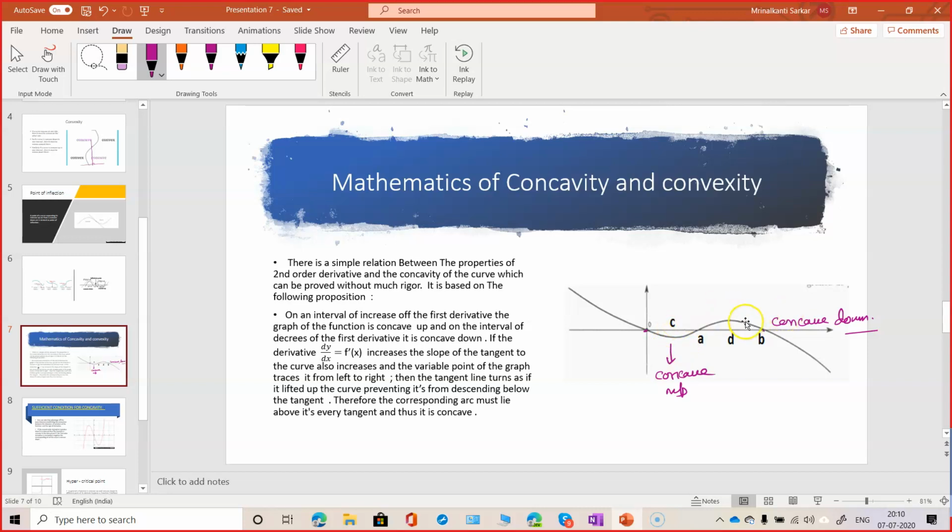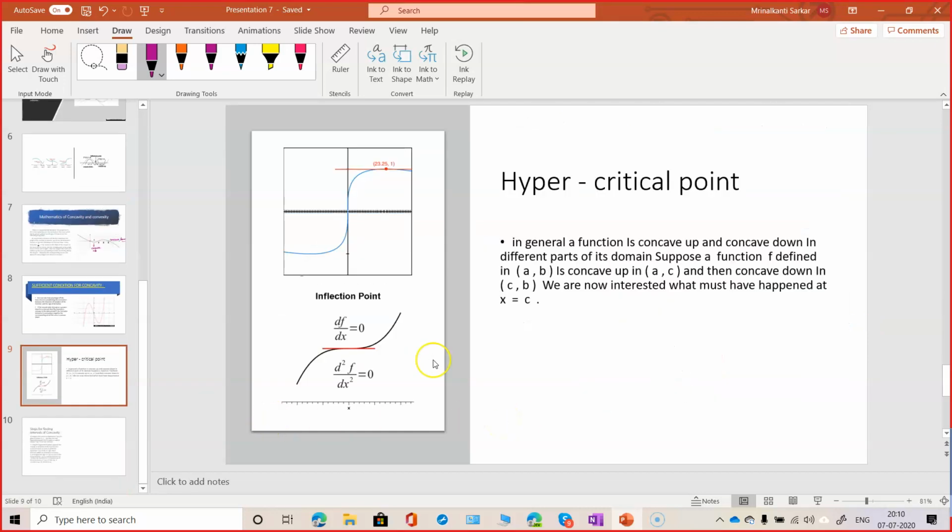Here if you draw the tangent, it will lie below the tangent. And here d square y by dx square is greater than 0, here d square y by dx square is less than 0. Why I have explained that? Because the slope of the tangent changes from negative to positive, that change will be positive minus a negative quantity. Finally it remains positive everywhere. Okay. So for concavity, you will remember this thing.